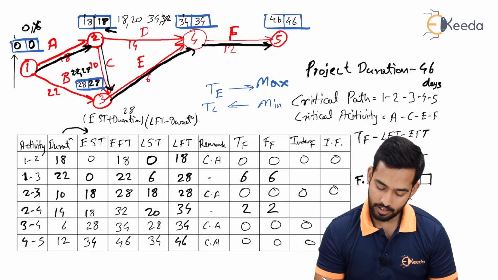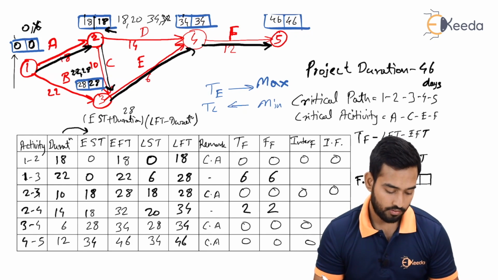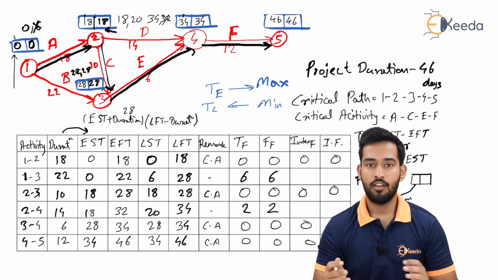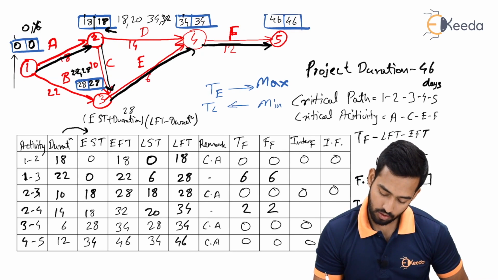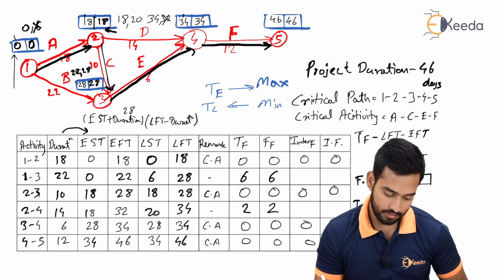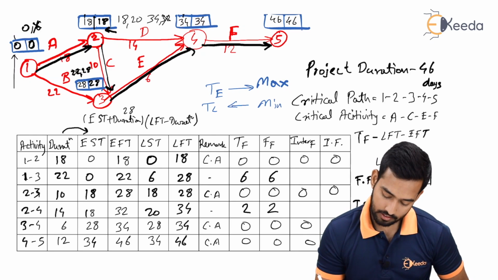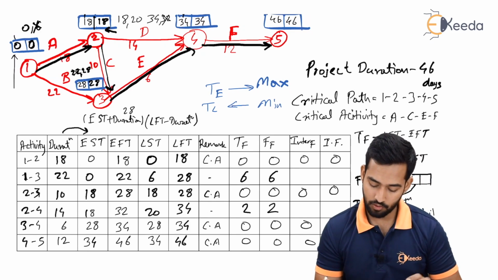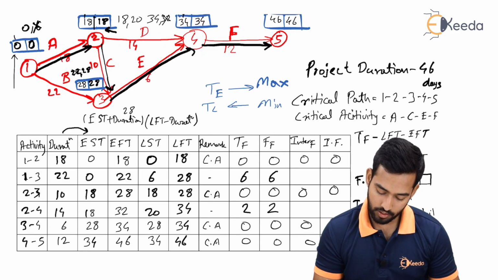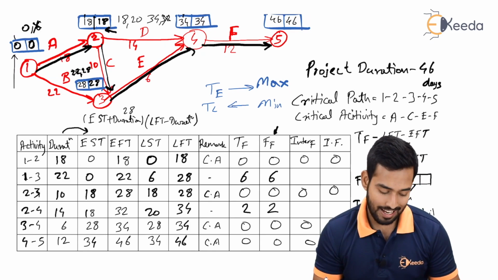To find out independent float, the formula is free float minus slack of tail event. So free float, where is your free float? That is in this column. So free float minus slack of tail event.